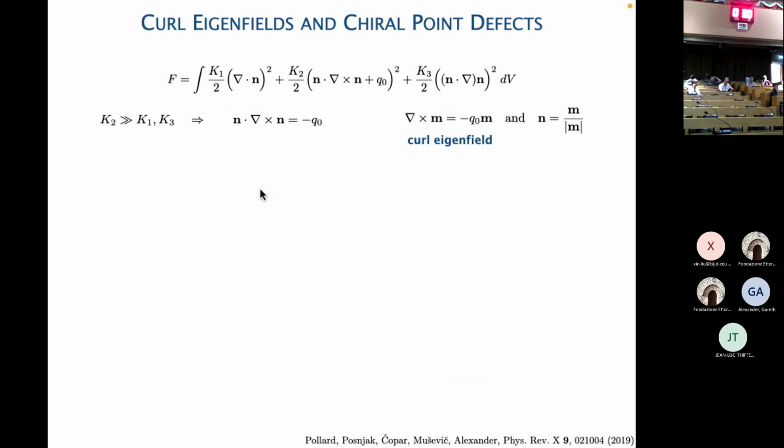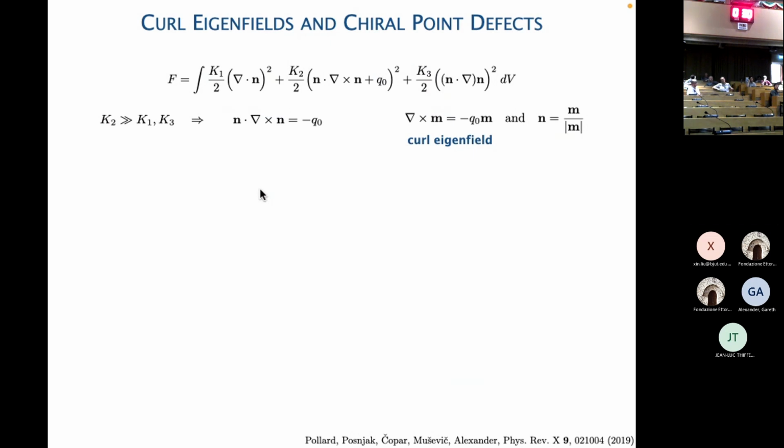I take the energy that the vector field is trying to minimize, and I look at it in a regime where this chiral part, the part that tells me that there's a handedness, dominates over everything else. So let's forget about the first term, forget about the third term, and worry only about the second one, and ask myself, how do I minimize the energy? And the answer is I minimize the energy if I can take this object, n dot curl n, and set it equal to the constant value minus q0.